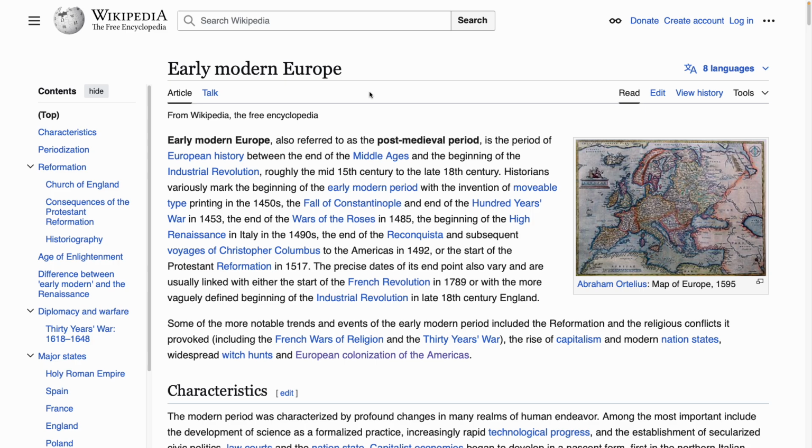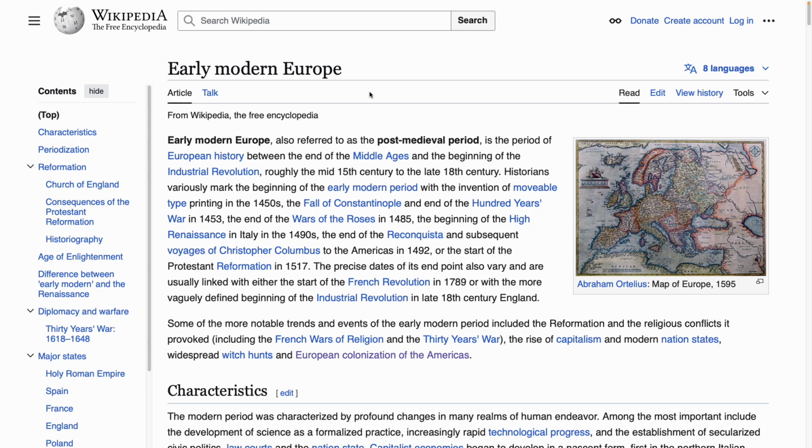The precise dates of its end also vary and are usually linked with either the start of the French Revolution in 1789 or with the more vaguely defined beginning of the Industrial Revolution in late 18th century England.